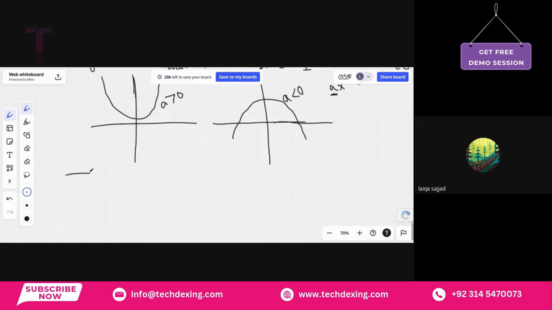Then if we see the graph for cubic equations, we know in a cubic equation the highest degree is 3, so the number of turning points would be 3 minus 1, so it would be 2.